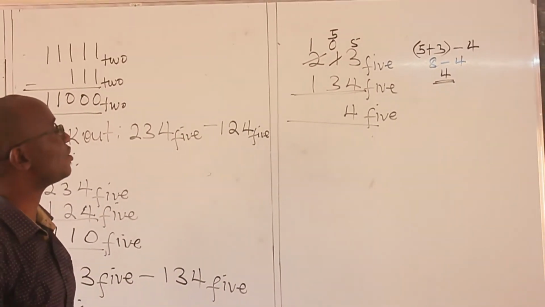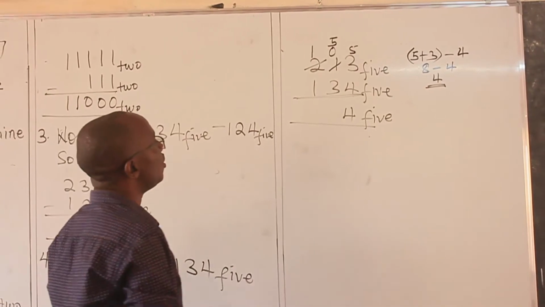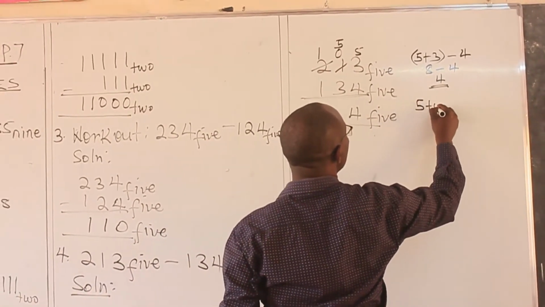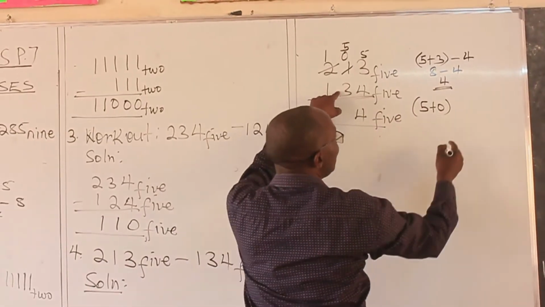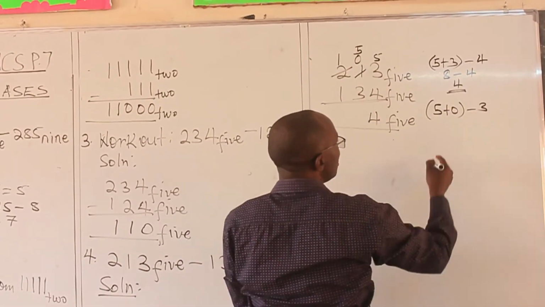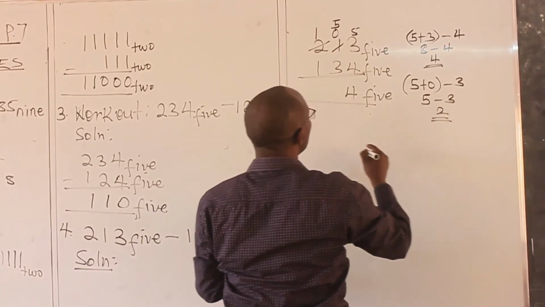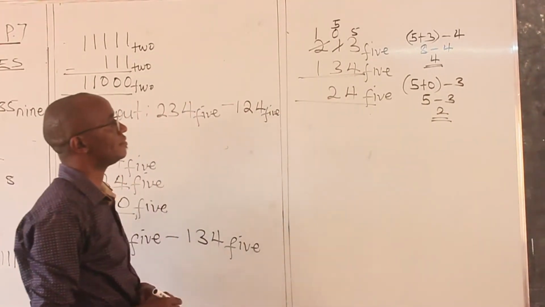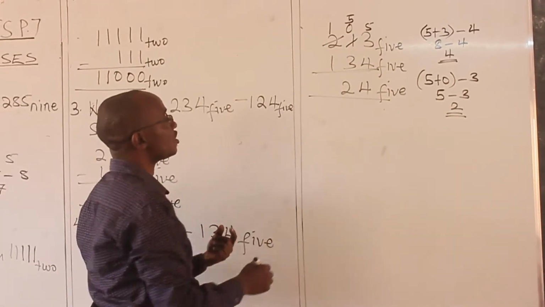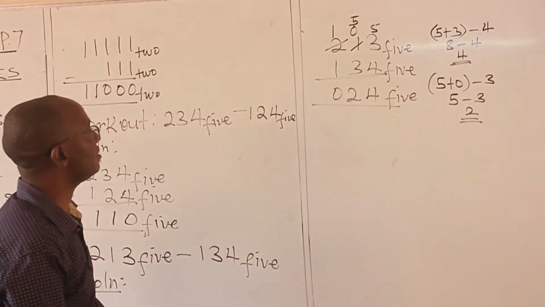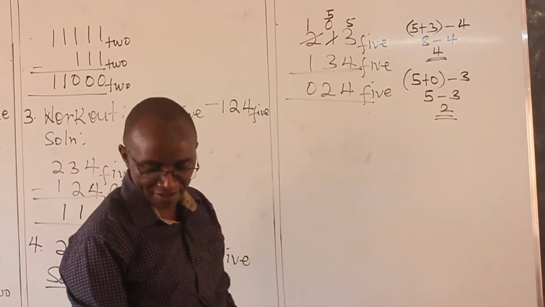So that is 5 plus 0 minus 3, which is 2. So I write 2 here. Then 1 minus 1 is 0. So my final answer is 24 base 5.